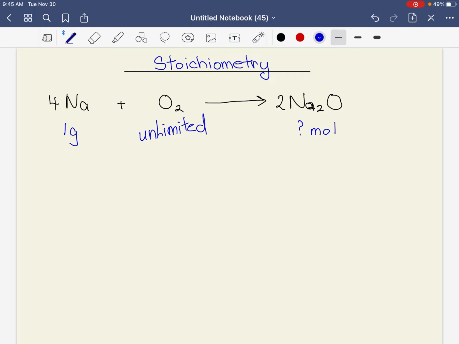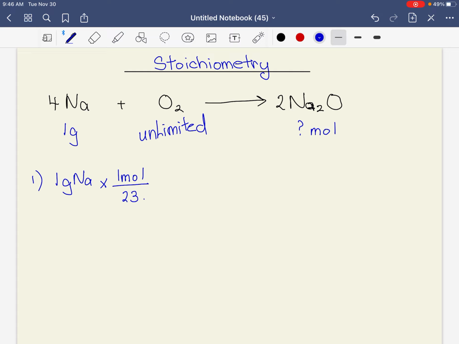Part 1. First, you're going to have to convert this into moles. We really can't work with 1 gram of sodium as of yet. We need to make sure that 1 gram of sodium is converted to moles of sodium. To change that to moles, we divide by the molar mass.